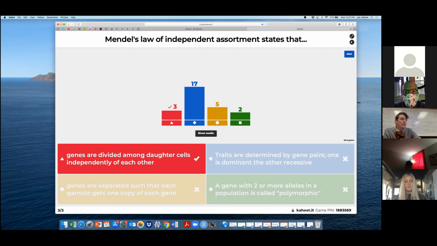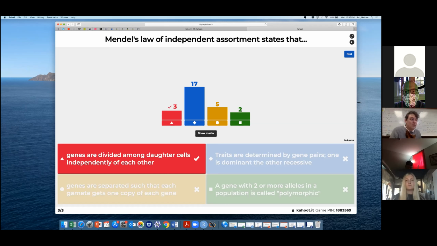Aha, okay. So the first one is what we mean by independent assortment. You can think of that as every organism has two copies for each gene in the case of peas and humans. And exactly which one of the pair goes into each sex cell, into each gamete, happens independently of each other. So the genes that go into the sex cells for eye color have nothing to do with the genes that go into each cell for whether you can curl your tongue or not.